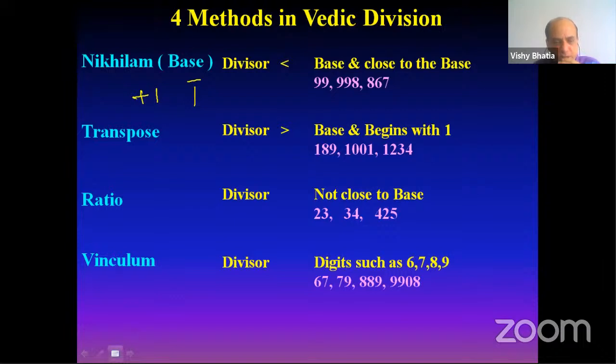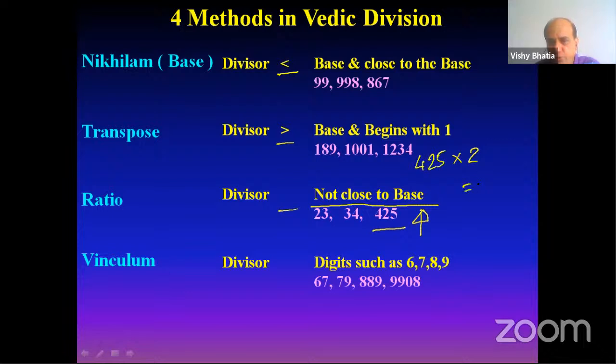Basically, ideally, just follow these steps and you will never face any difficulty. Just look at the divisor, where it is, not close to any base. Can I scale them up? Yes, I can scale them. Can I do something with 425? Why not? If I multiply 425 by 2, I bring it closer to the base 1000, I get a number called 850.